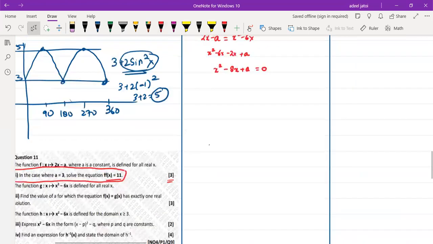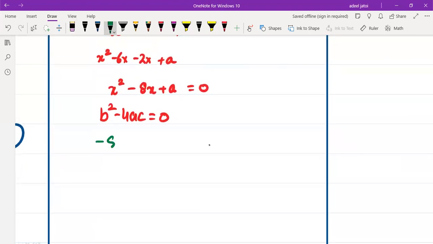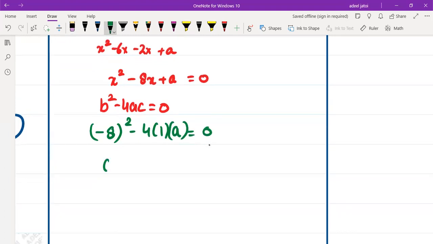When the question says one real solution, that means the question is talking about b square minus 4ac equal to 0. Can we say minus 8 whole square minus 4, 1, and c will be taken as a, equal to 0. So this is 64 minus 4a is equal to 0.